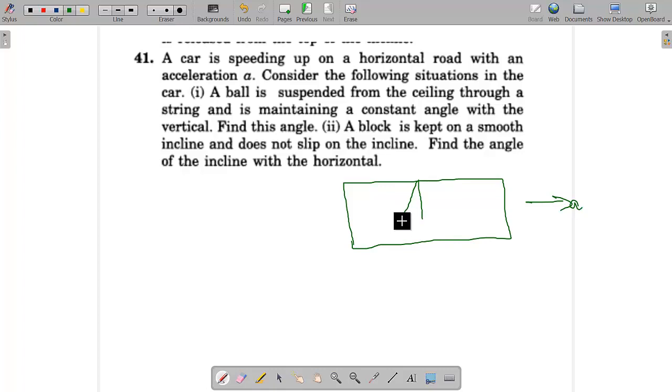It is suspended from the car ceiling, and this is making an angle theta with the vertical. Understood? Okay, you need to find this angle theta. Understood? So how are you going to find it?